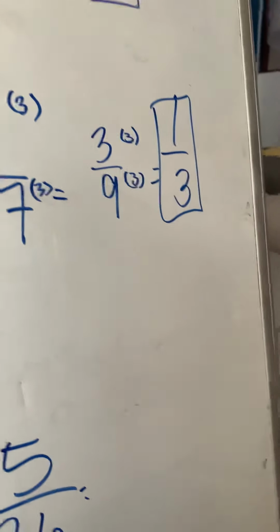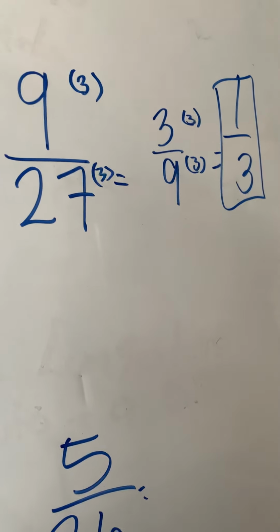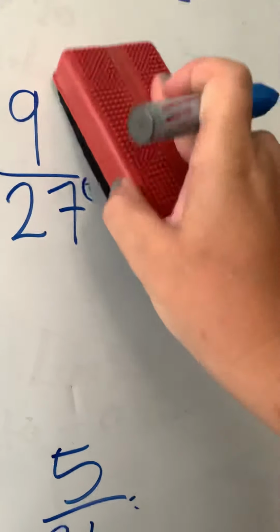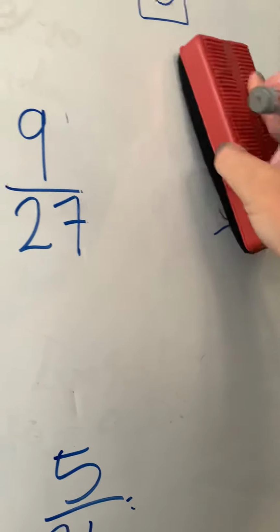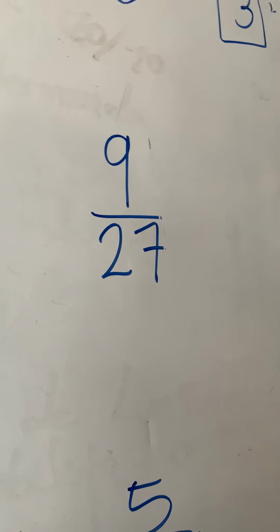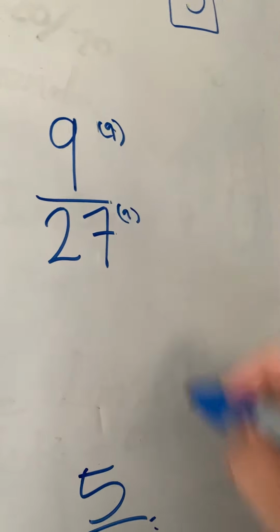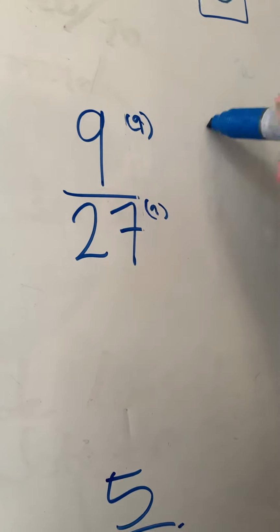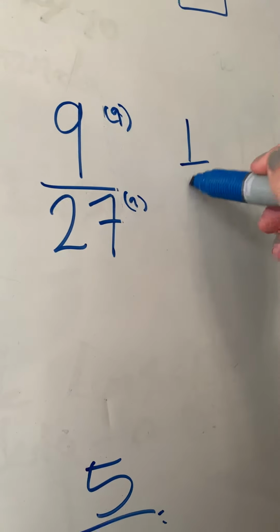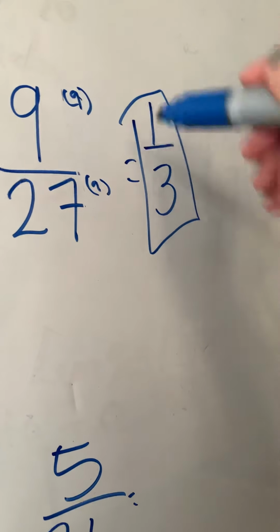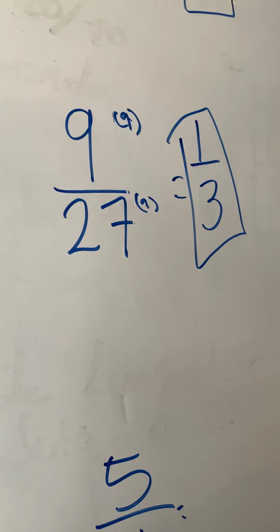The simplest form right there would be 1/3. You just had to do an extra step. But if you know your multiplication very well, you would know that 9 goes into both 9 and 27. 9 goes into 9 1 time. 9 goes into 27 3 times. 1/3, my final answer.